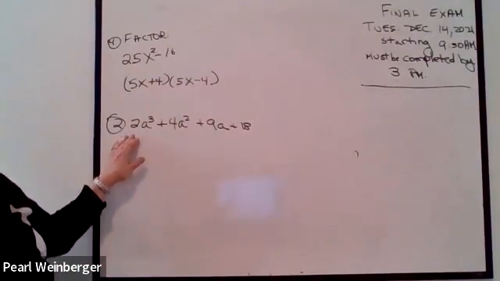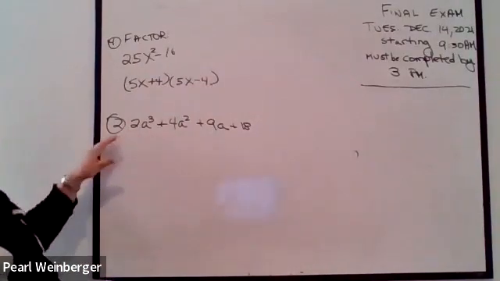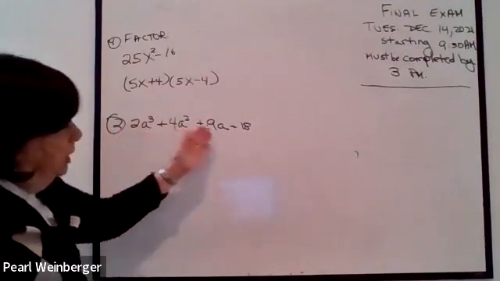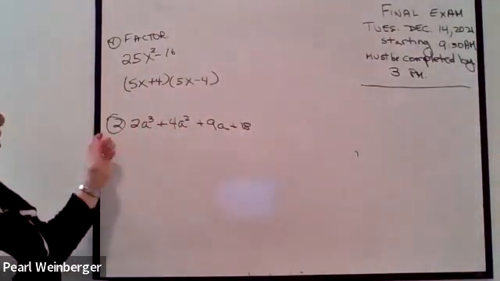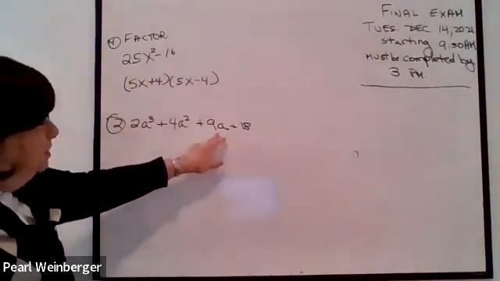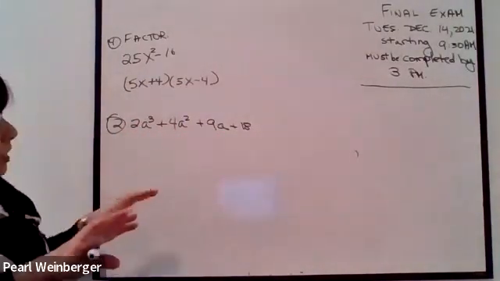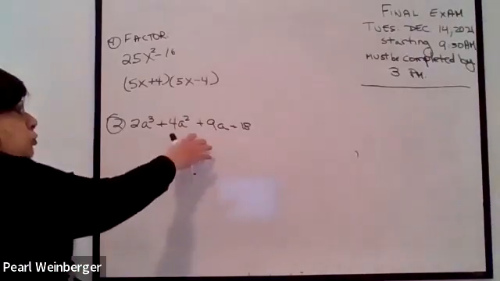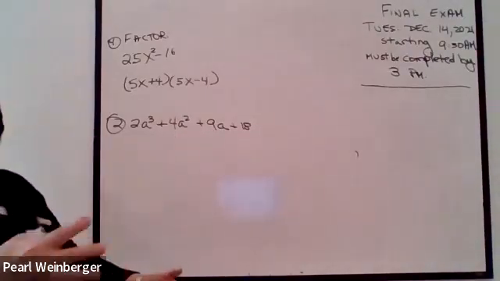This one to factor, when we have four terms, again, we look for a common factor of everything, and there isn't. Even though 2 goes into here, it doesn't go into here. There's no common factor, so we try and do what's called the grouping method.